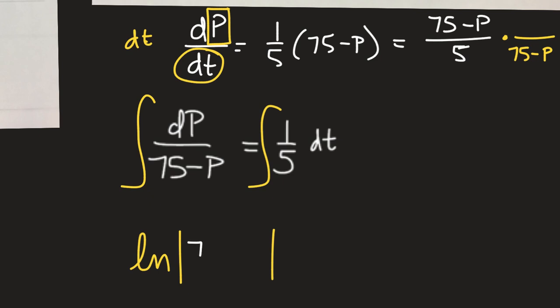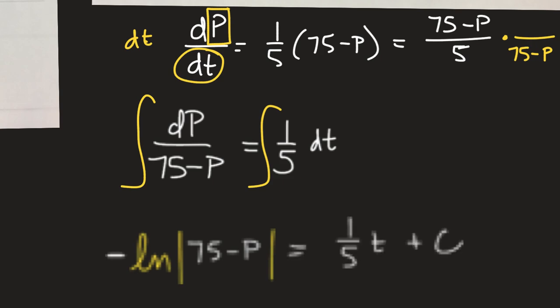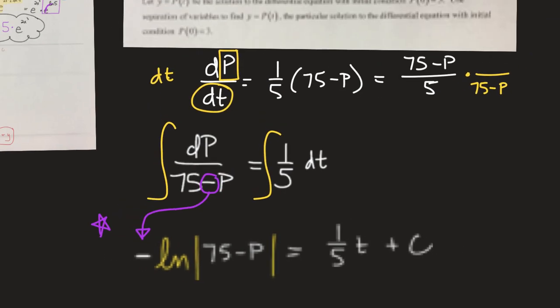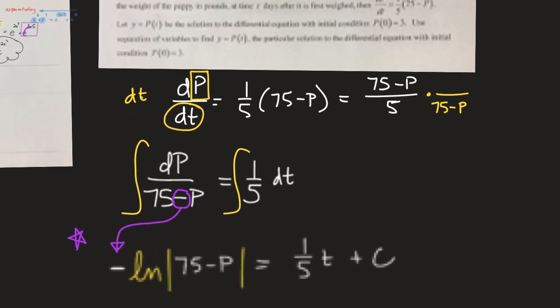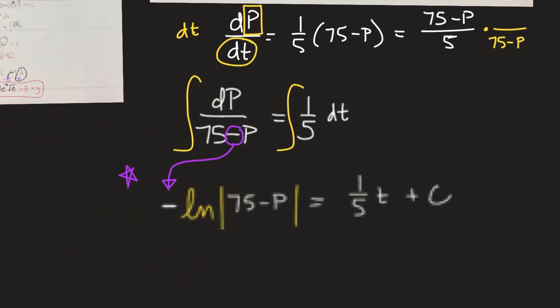But take notice, what is the coefficient of your variable? What's the coefficient of p? It's -1. Okay, so that means we need to have a negative outside of your natural log. Okay, 0, 3. We're plugging in 0 for t and 3 for p.